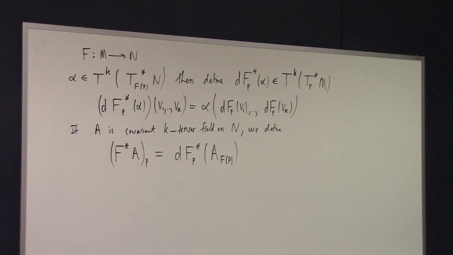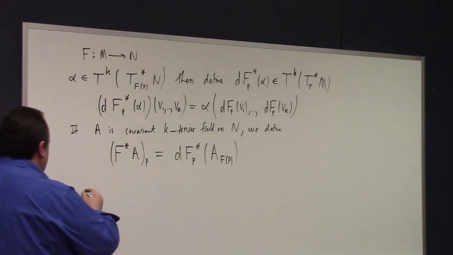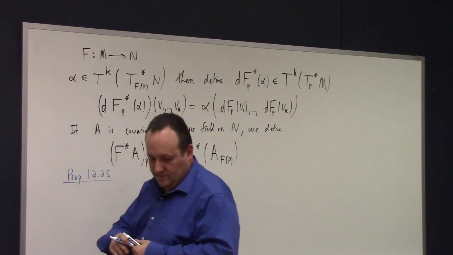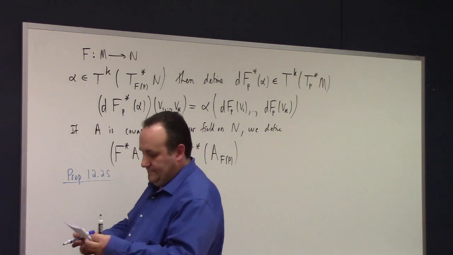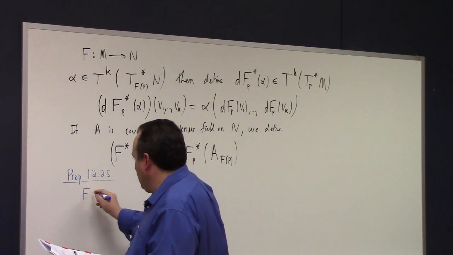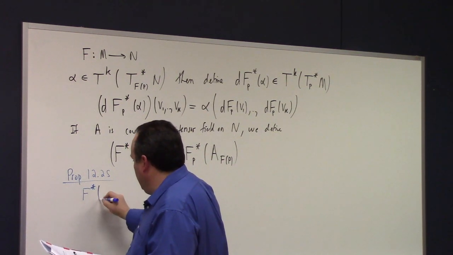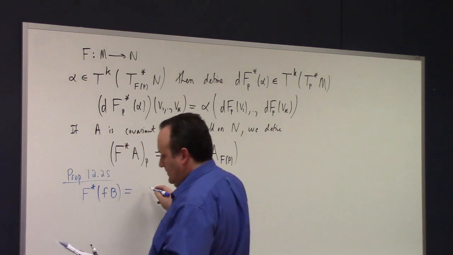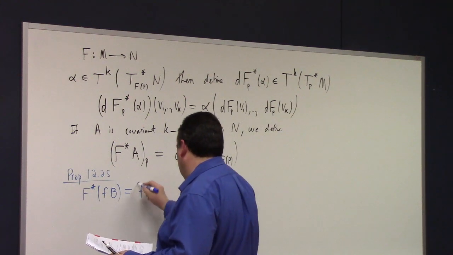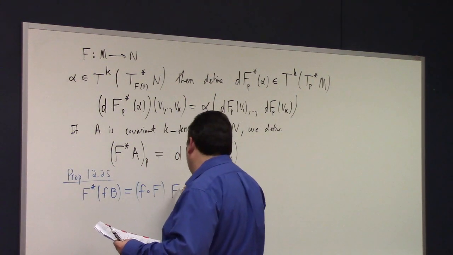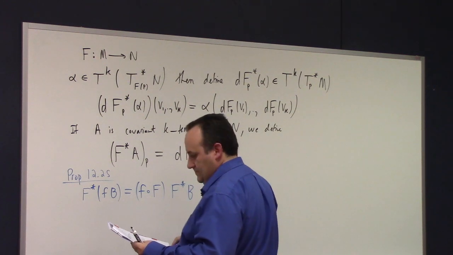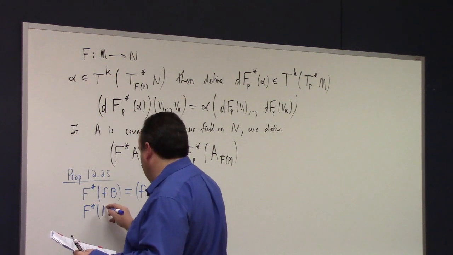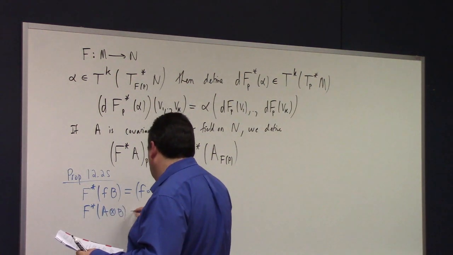Proposition 12.25 tells you some very unsurprising things. So, for instance, the pullback of f times B is f composed with big F times F pullback B. And the pullback of a tensor product of A and B is, guess what?